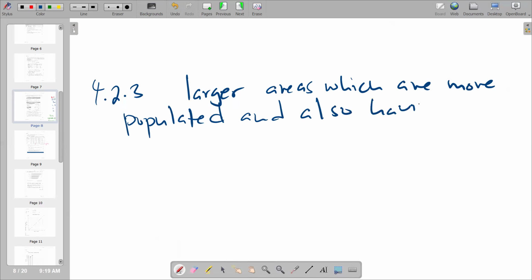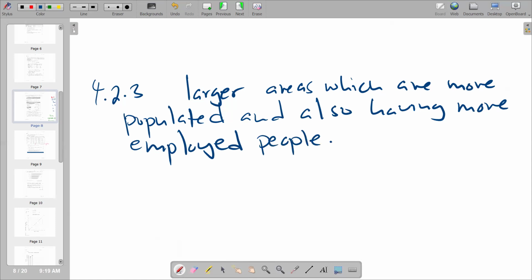And also having more employed people. So this is going to be the reason that you can give, that there are larger areas which are more populated and also having more employed people. So this part is also important because for you to join the medical aid, you should be someone who is employed. So you can have a larger population, but when the people are not employed, they will not be able to join the medical aid. So basically, this is the reason that we can give according to 4.2.3, and this becomes the last question that we have according to this question paper.